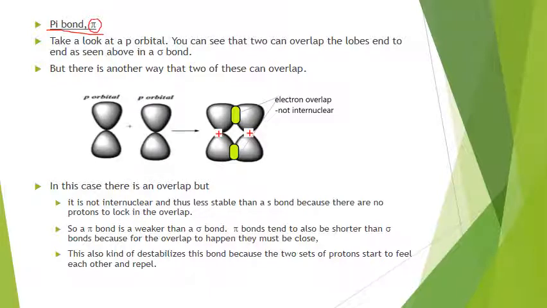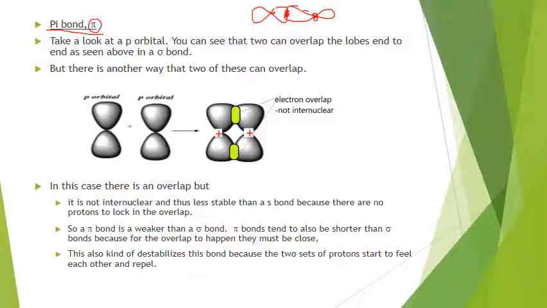So in this case we're going to look at p orbitals. This won't happen for s orbitals, it only happens for p and bigger. From the previous example, we could overlap two p's like this, where the overlap is between the two protons, and that would be the sigma.